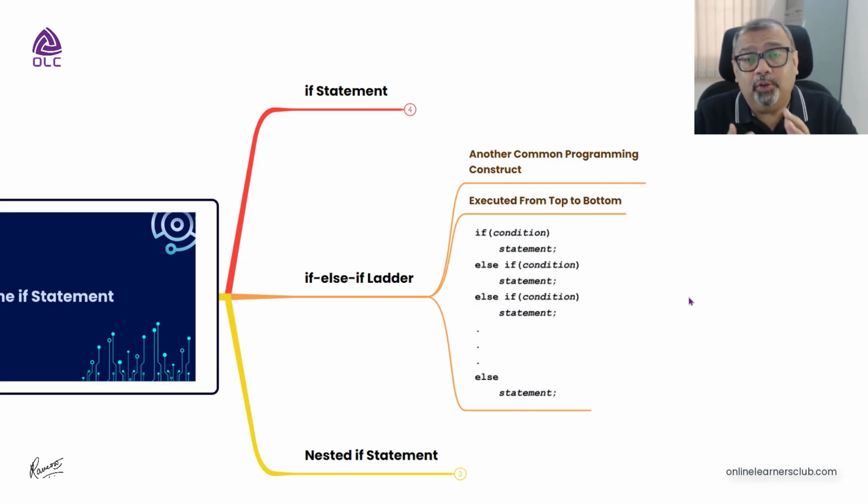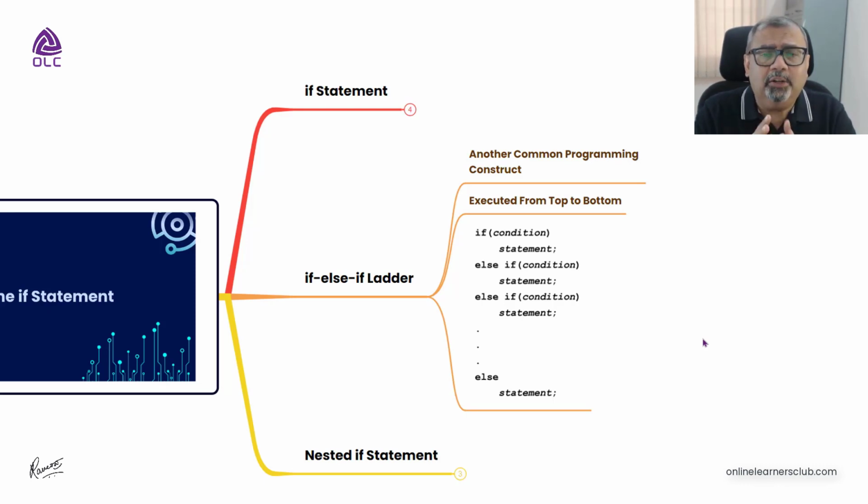Else, if you have other conditions, you could also bring in else if and add the second condition, then again a statement, and third condition, statement, and so on and so forth. And you could also have at the end some default clause. If none of the cases hold, then else do something else. So that's a way in which you can bring in this particular concept.